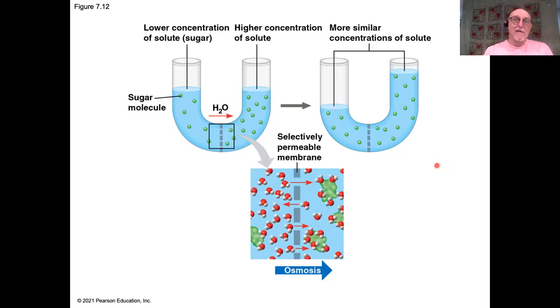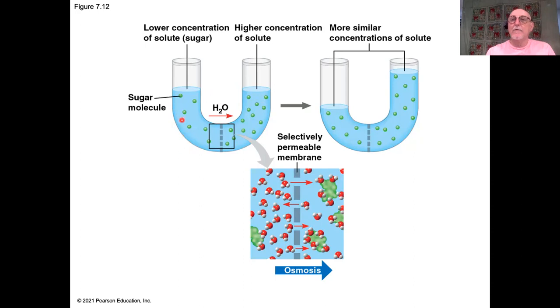But here's the thing you need to think about. What is the concentration of water on this side and the concentration of water on that side? On this side, we've got masses of sugar molecules. It's the same volume. We start off with the same volume, and in that volume, we've got masses of sugar molecules.